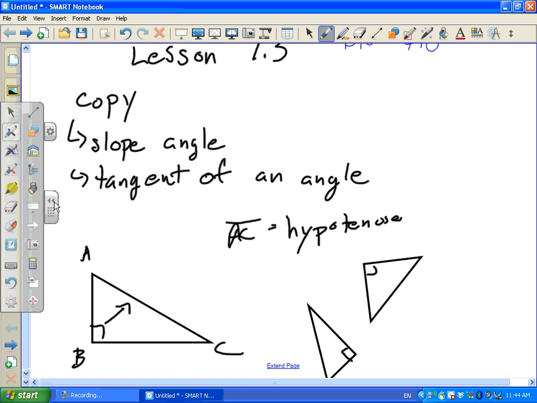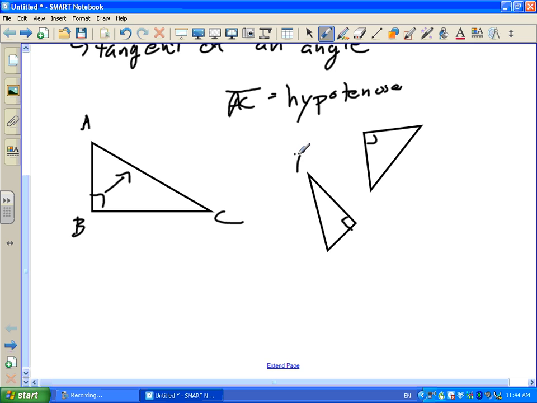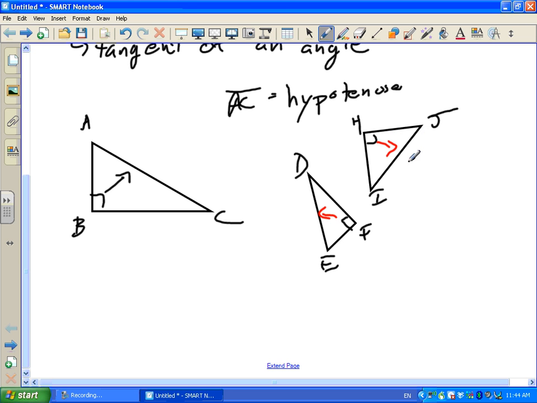We'll give them different names. We'll call it D, E, F, and H, I, J. Where would the hypotenuse of these triangles be? DE and IJ. Very good, okay?